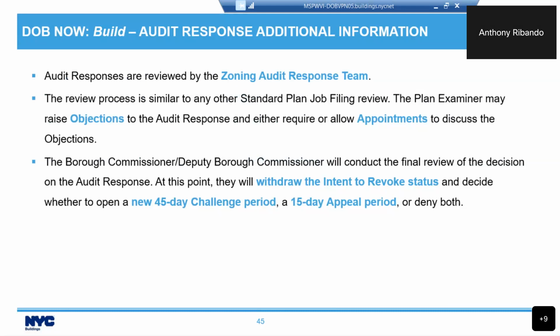The borough commissioner or deputy borough commissioner will conduct the final review of the decision on the audit response. At this point, they will withdraw the intent to revoke status and decide whether to open a new 45-day challenge period, a 15-day appeal period, or they can deny both of them.